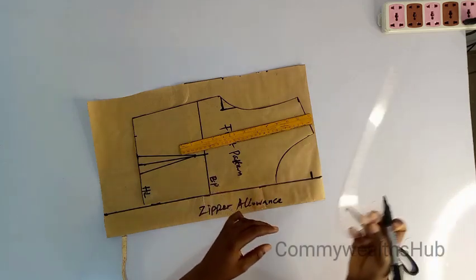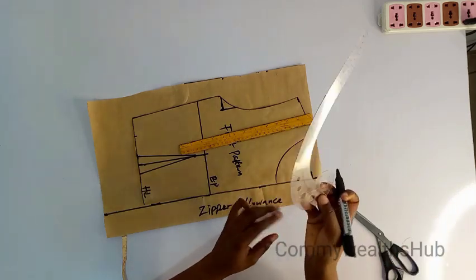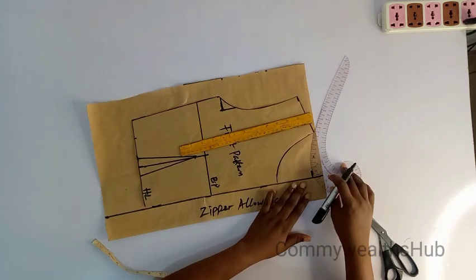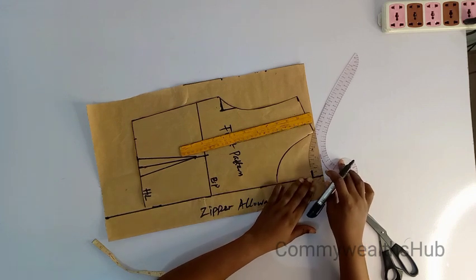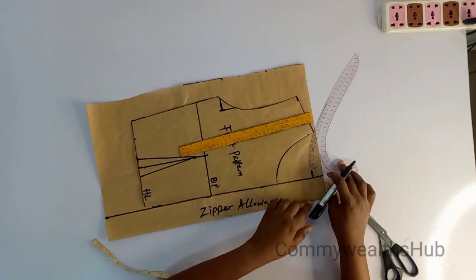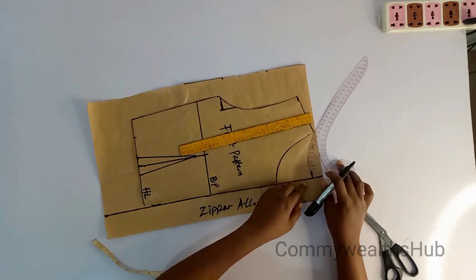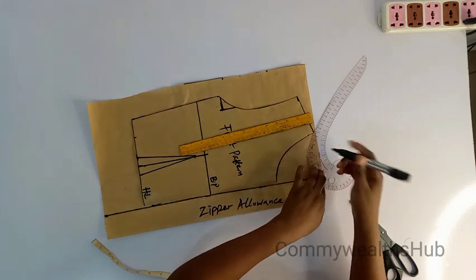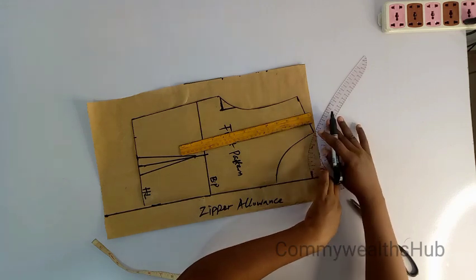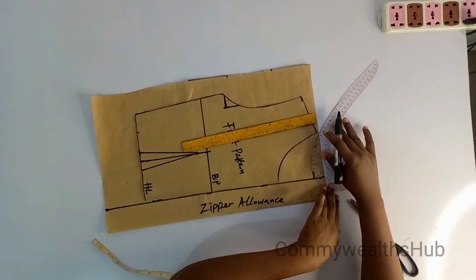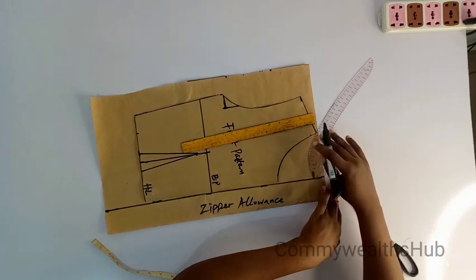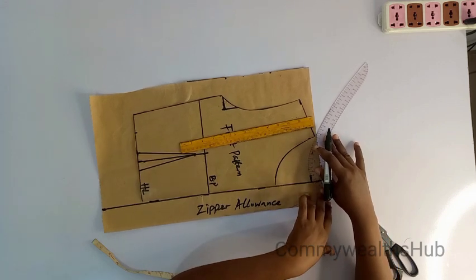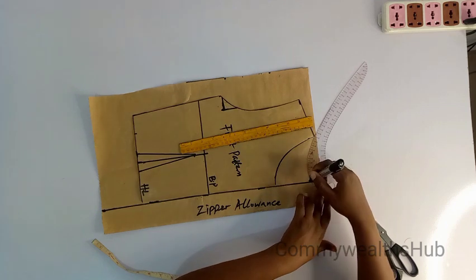Now I'll just go ahead with my armhole curve, and I will make sure that my armhole curve is touching this 1 inch point, as well as the point where the width of the neckline of the front stops. Be careful while doing this so that you can have accurate measurements at the end of it.